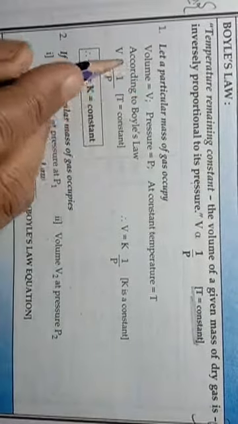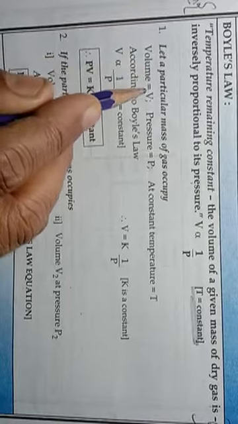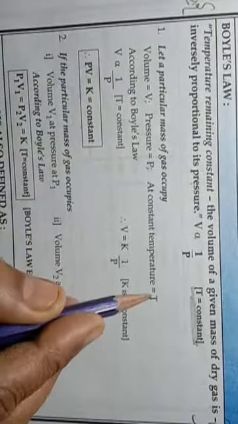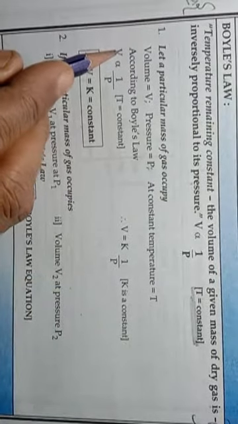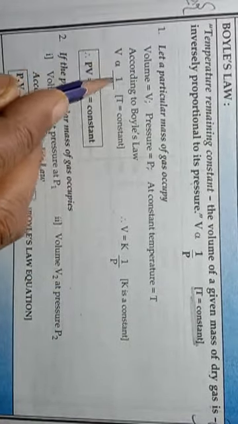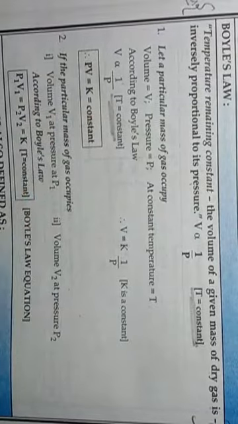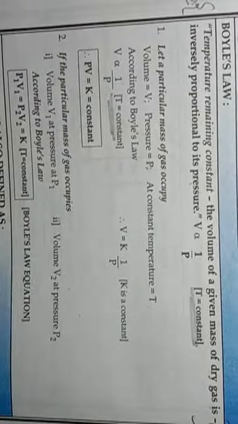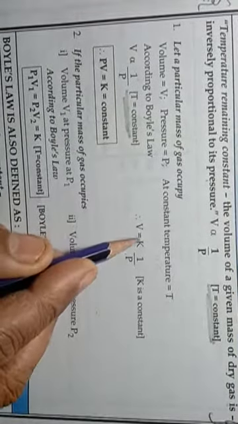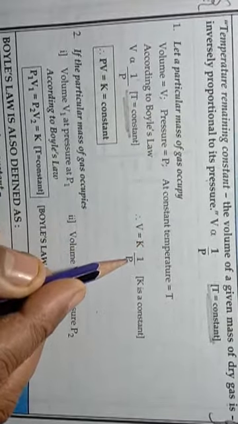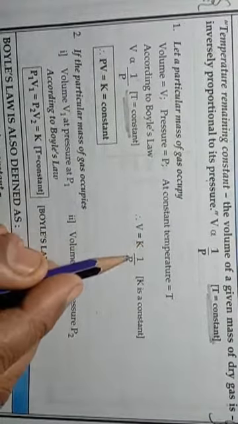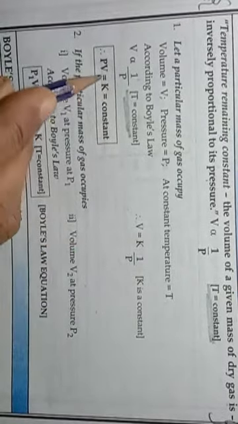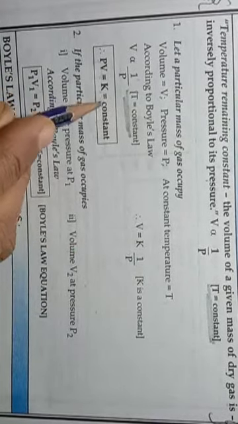So if a gas has volume V, pressure P and temperature T, then according to Boyle's law, V will be inversely proportional to P at constant T, or V equals K upon P, where K is a constant, or PV equals K, which is a constant again.